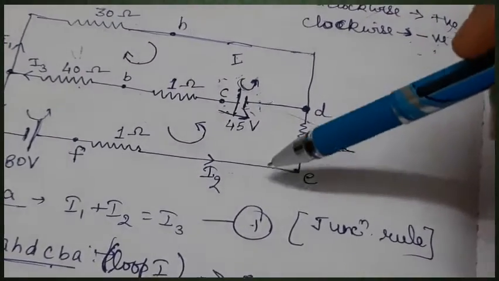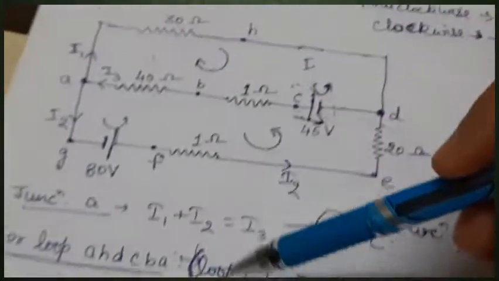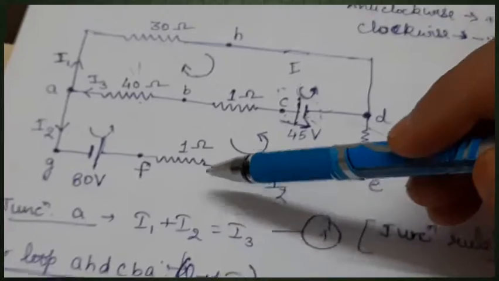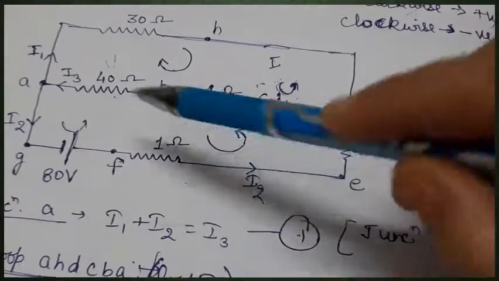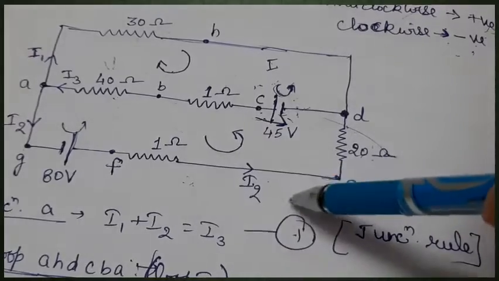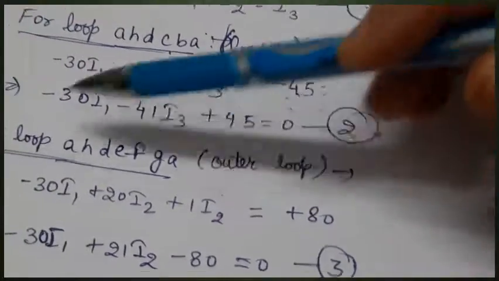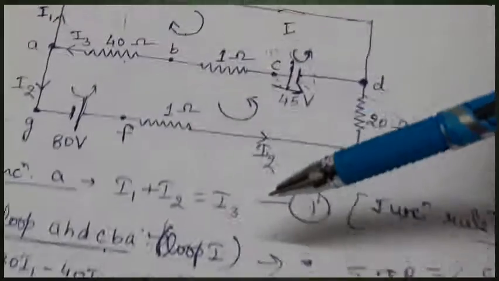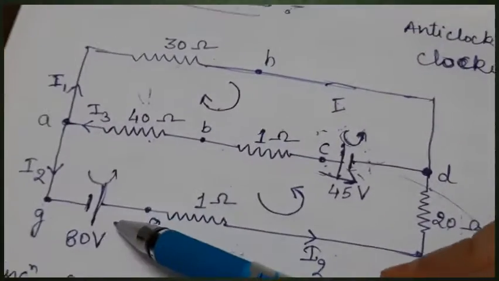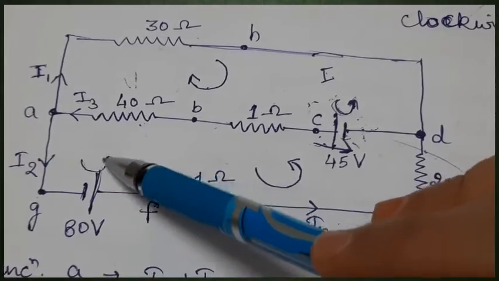So plus 20 I2, I into R. And then the next resistor in this outer loop is 1 ohm, and the current through 1 ohm is also I2, and the direction is the same, that is anti-clockwise. That's why plus 1 I2, I into R. So on adding we get 21 I2.